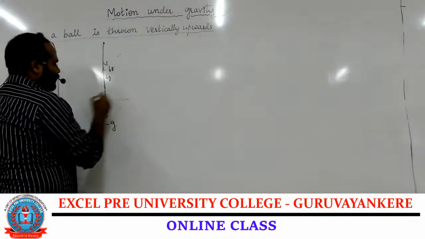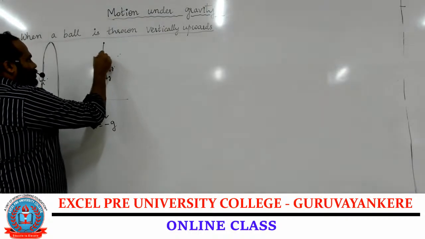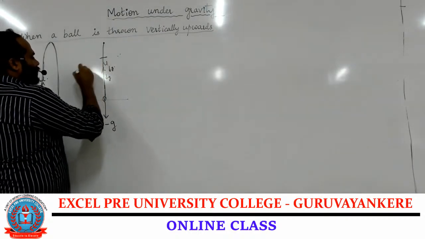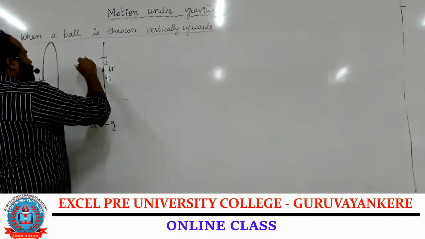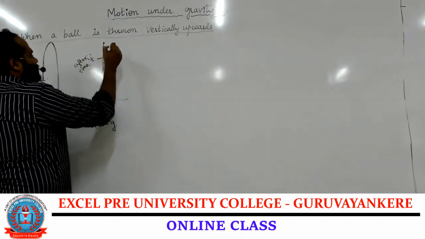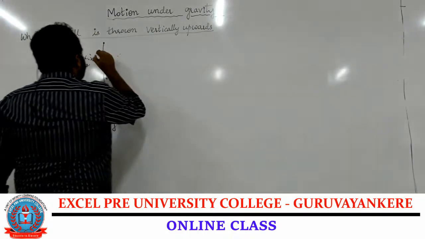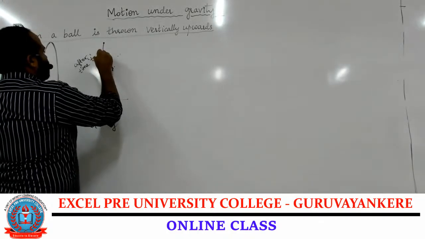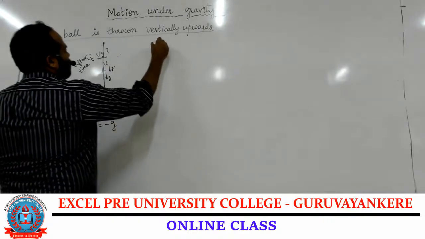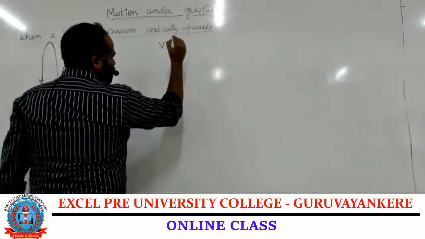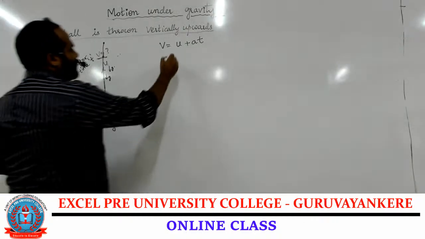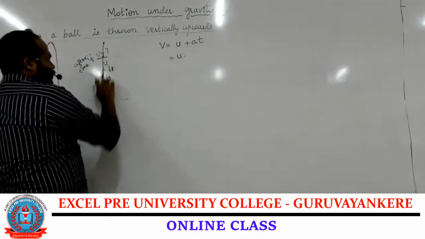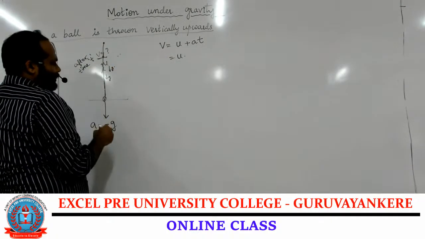So from here if you have thrown it, it reaches some height here. After time t it reaches here. Then the velocity here, let it be v. How do you find it? Velocity will be u plus at is the formula, correct? You have thrown it upwards with the speed u, so it should be plus u.